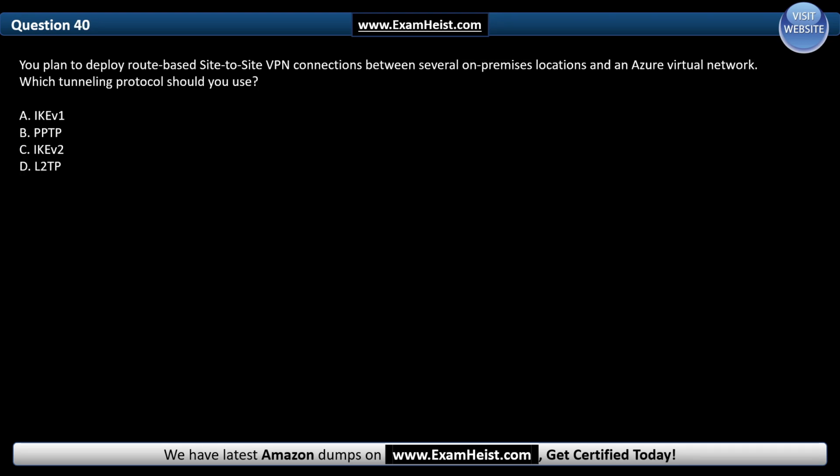Question 40. You plan to deploy route-based site-to-site VPN connections between several on-premises locations and an Azure virtual network. Which tunneling protocol should you use? The correct option is C, IKEv2.